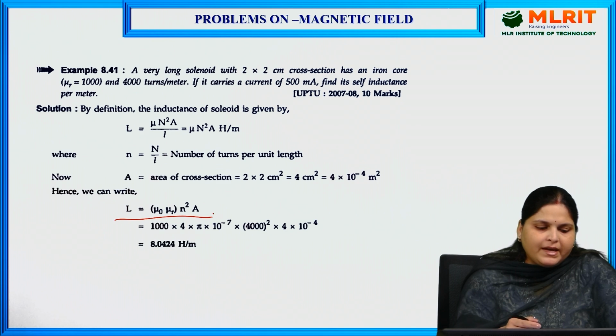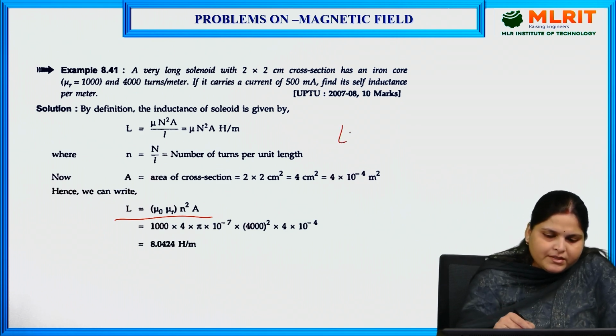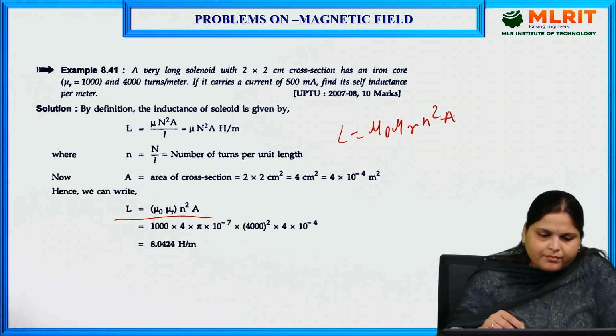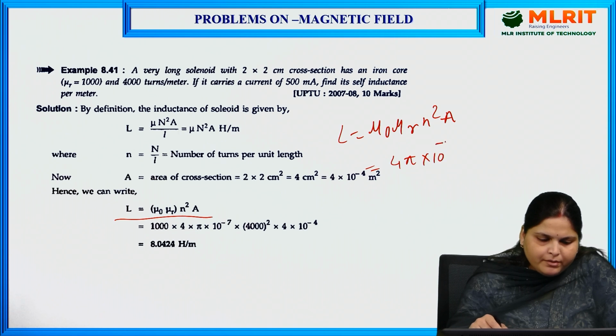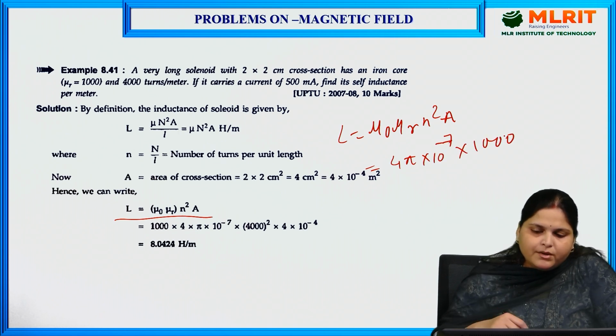Now let's put everything into this formula. This N by L has become small n, so we can write L is equal to mu naught mu r n square A. Mu naught is equal to 4 pi into 10 to the power minus 7. Mu r is given as 1000.